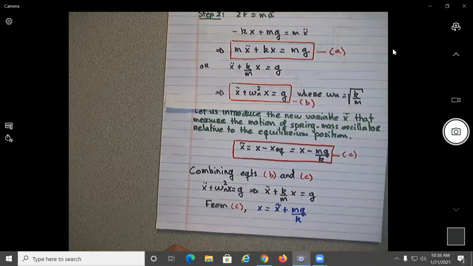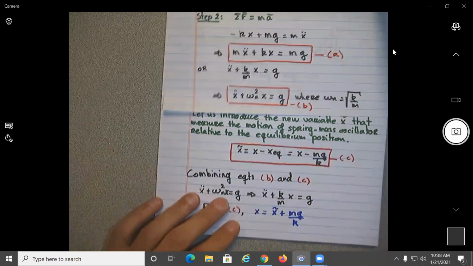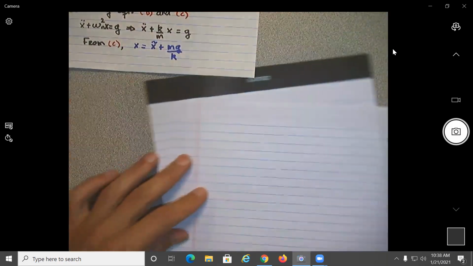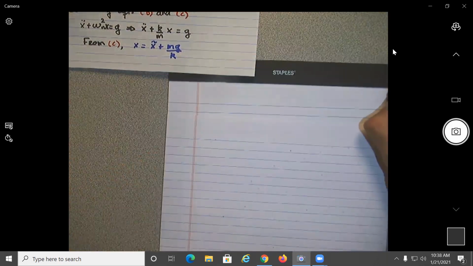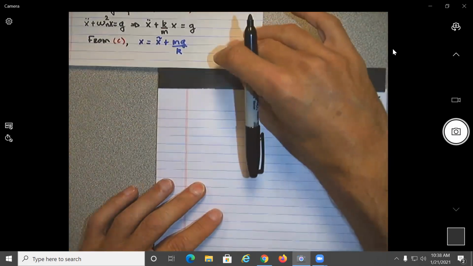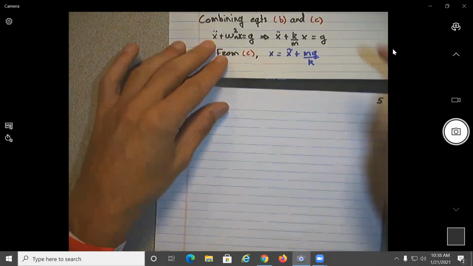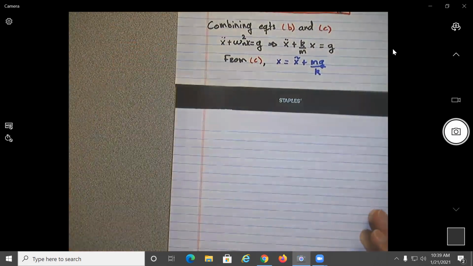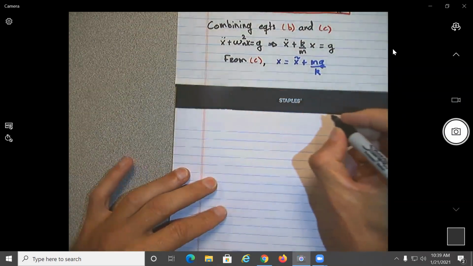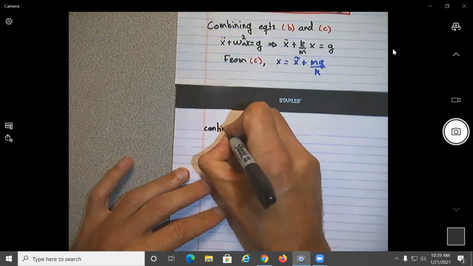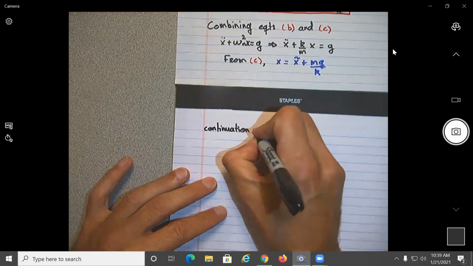Okay, so all right, since I run out of space, I was going to do it a bit faster, but all right, page 5. So basically now what I'm going to do is substitute into this equation over here. So continuation of this equation.